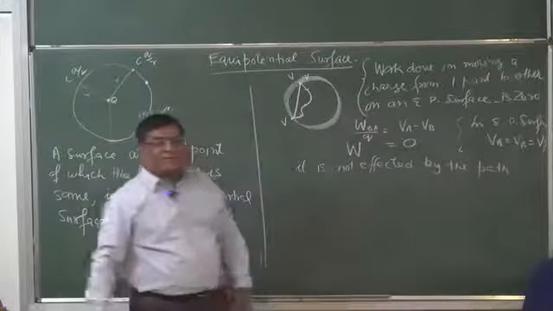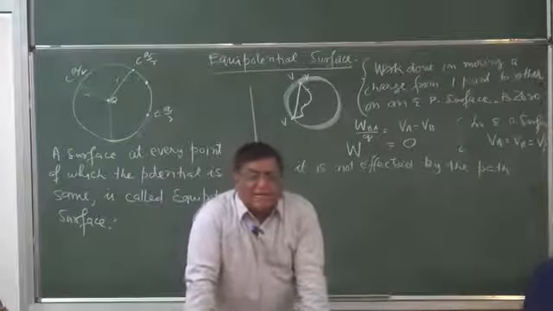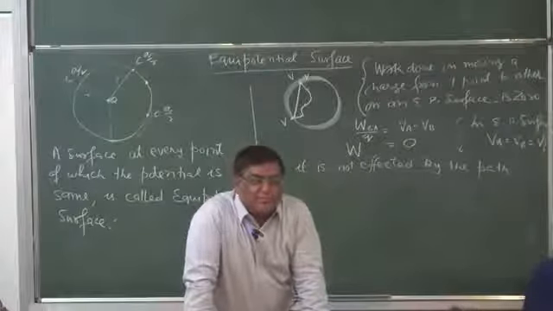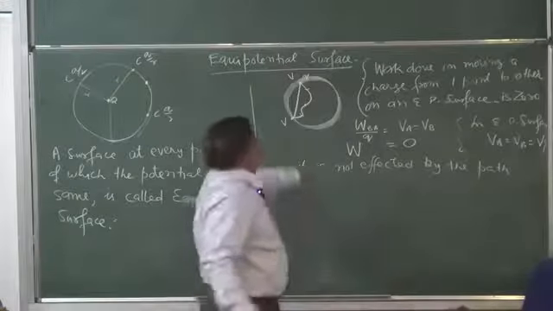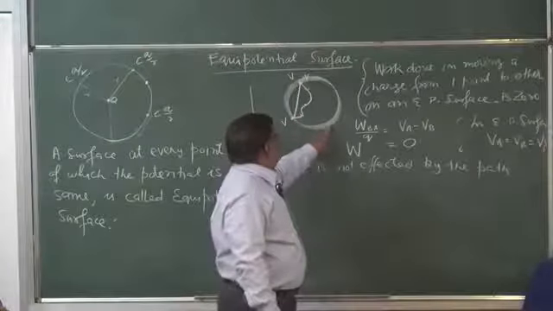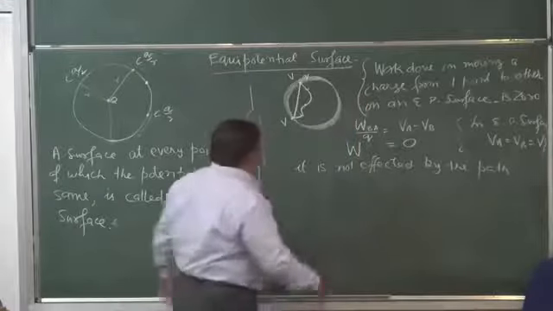This is an equipotential surface, and it has a certain potential. The potential is not necessarily zero but is equal at all points. That means if here the potential is 100, here also it will be 100, everywhere it will be 100. Now see here.